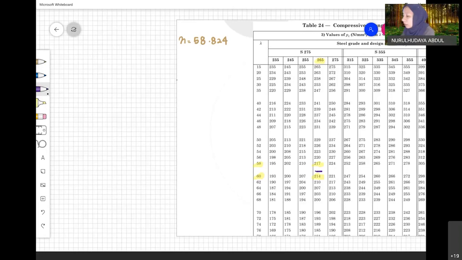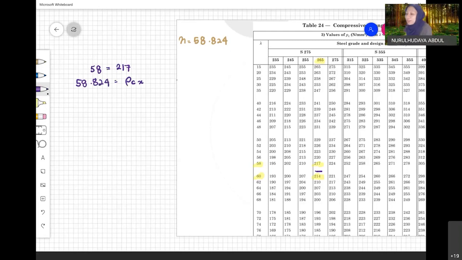Okay, maybe we can write it down like 58 equal to 217. Okay, the value that we want is 58.824, something that we don't know. So I put PCX, okay, X, because of X axis lah. You can put like PCX, PTU.